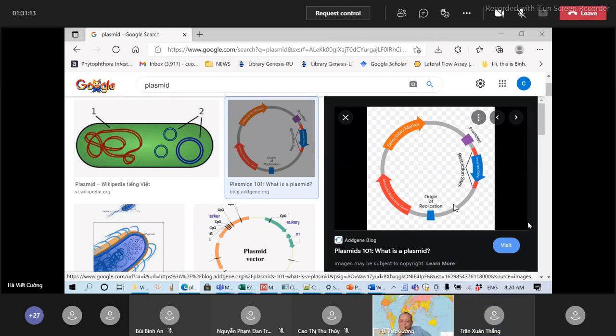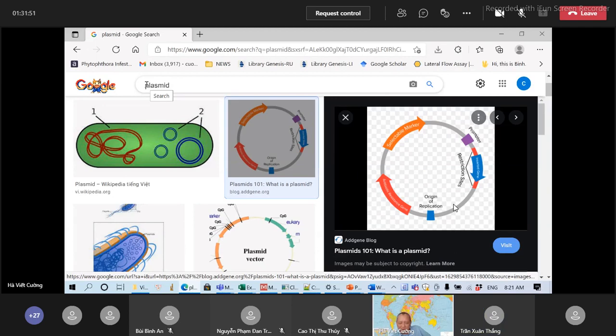And now, how do plasmids replicate? What is the method of replication of the plasmids? You don't need to describe step by step.